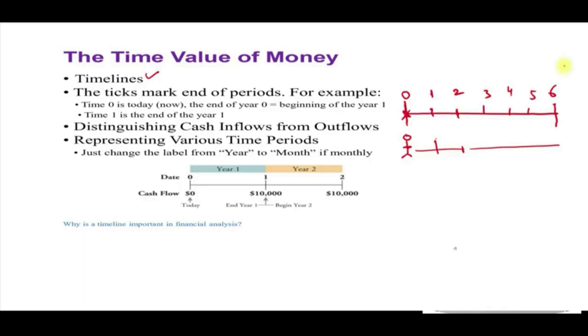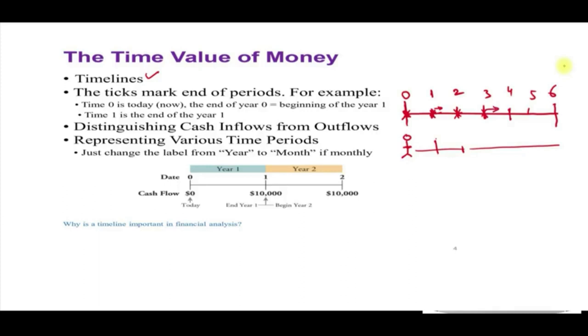This means the start of year 1. This is the end of period 1. When we move on, it will be the start of period 2, and this shows the end of period 2. This is the start of period 3, and this would be the end of period 3. This is the start of period 4, the end of period 4, and so on.